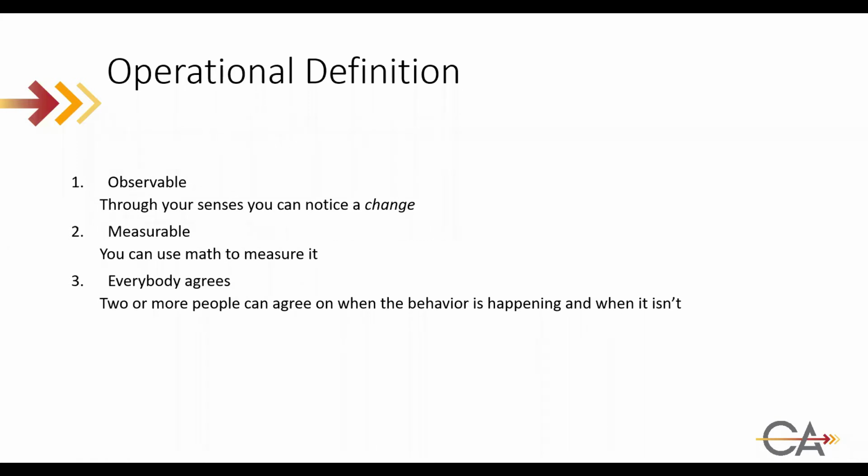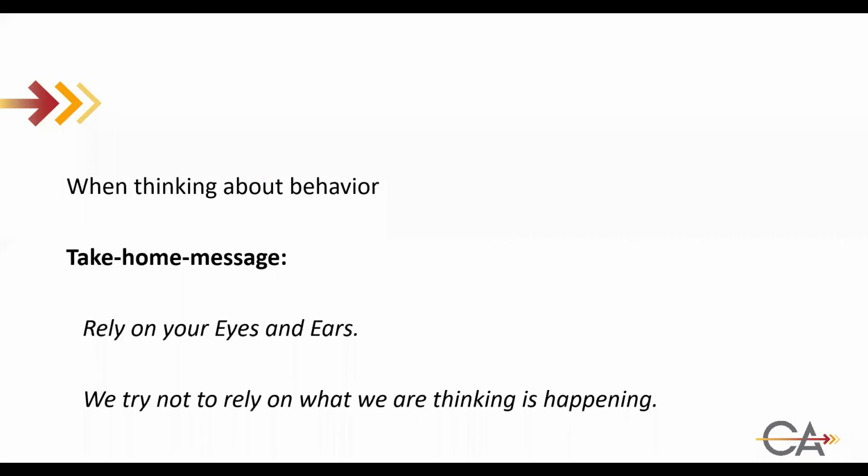And if we can make it observable and measurable, we want to make sure everyone can agree on when the behavior is happening and when it isn't. This will help us if more than one person is working on the behavior or we're all talking about it, so we know what it is and what it isn't. So when we're thinking about behavior, the take-home message is we try to rely on our eyes and our ears.